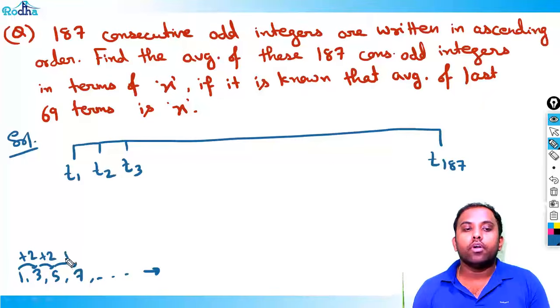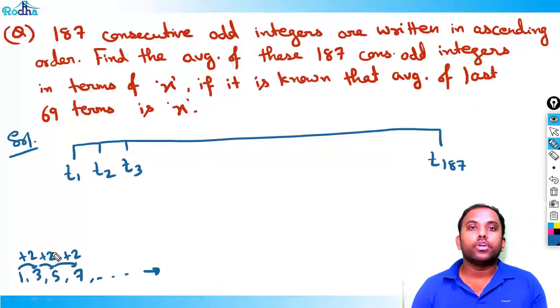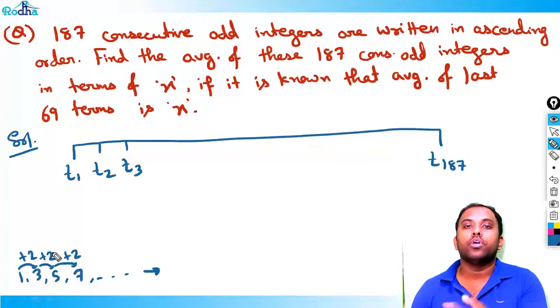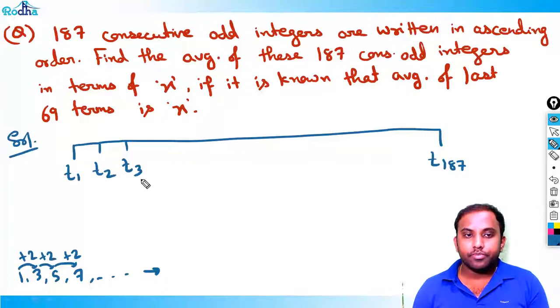Once they are consecutive odd integers, that series will always be in AP because consecutive odd integers appear at a gap of 2. So this series I know is in AP.